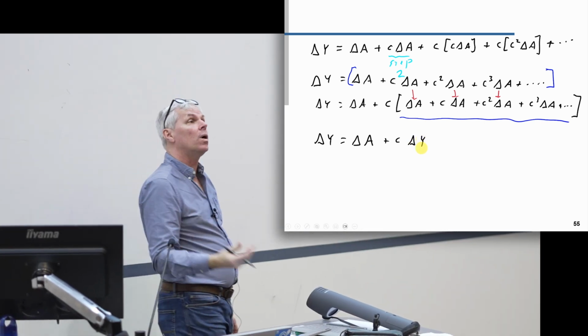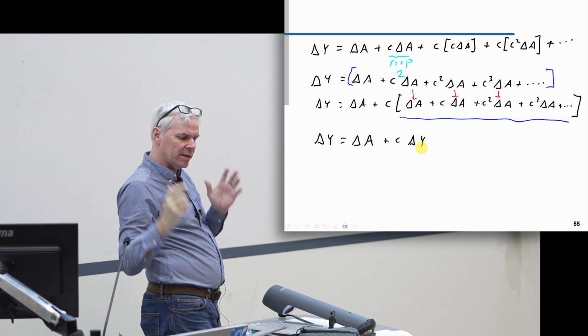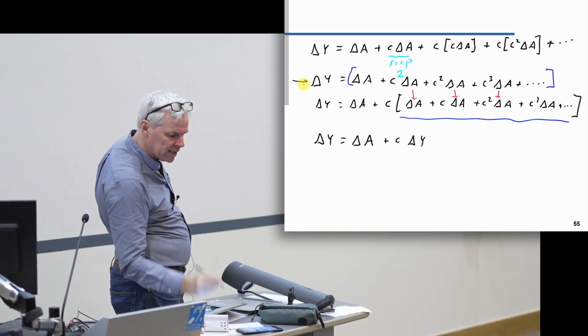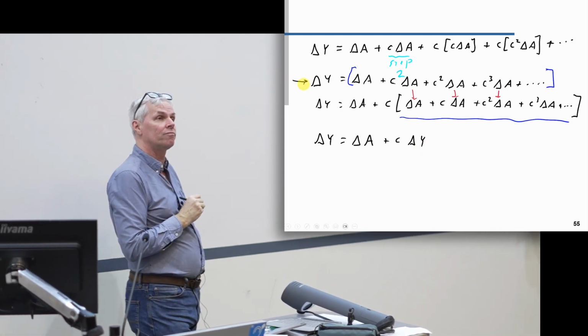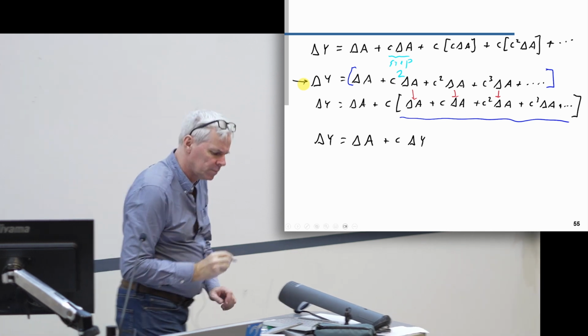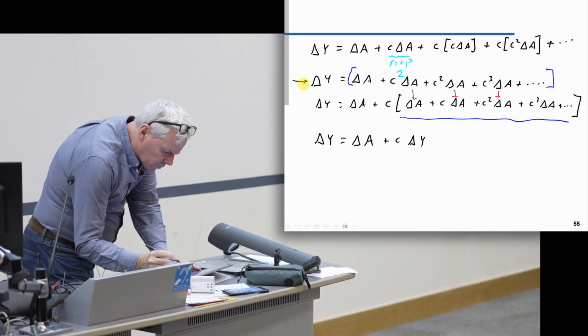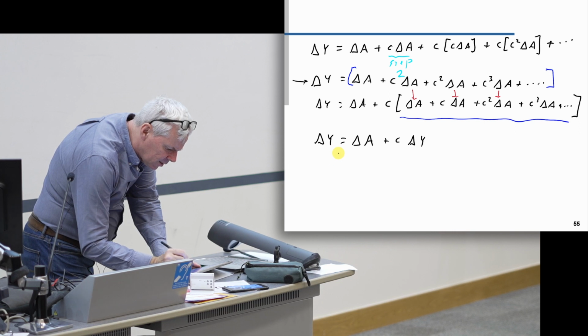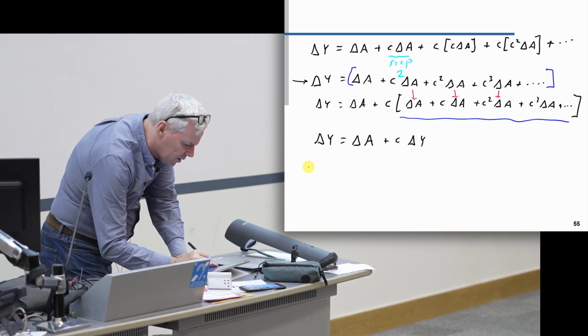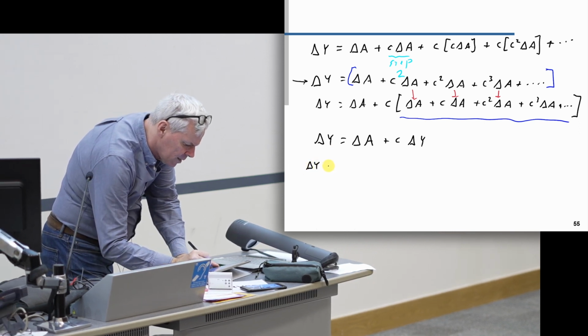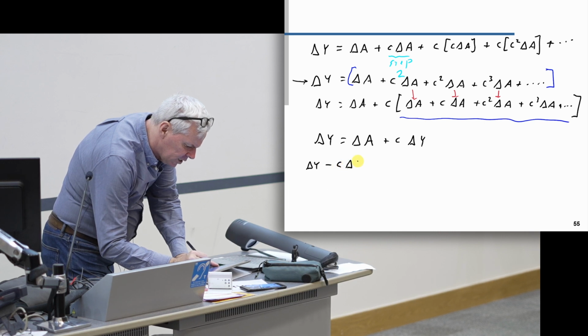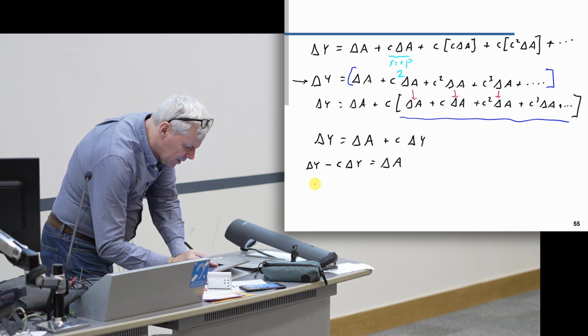That second change in y is just all that bracketed stuff brought down because I know that it has to equal change in y from there. So I'm going to put all the change in y's on the left. So change in y minus c change in y is equal to change in A.